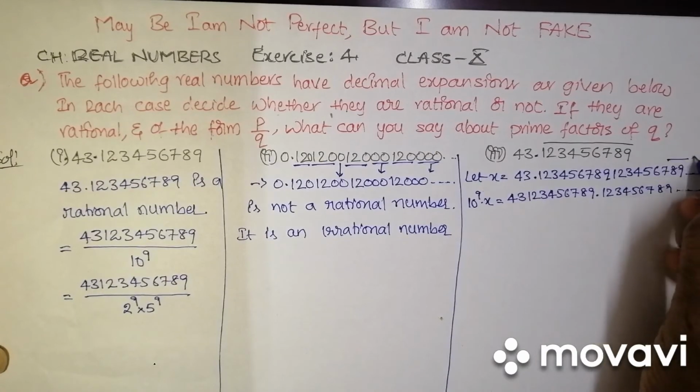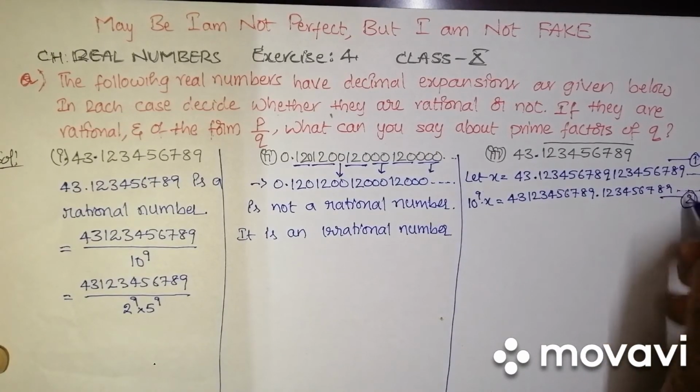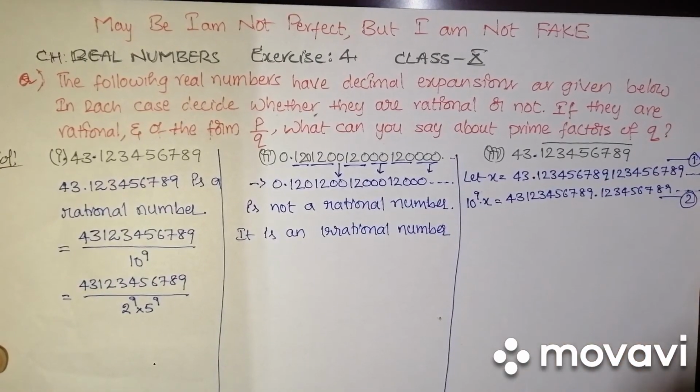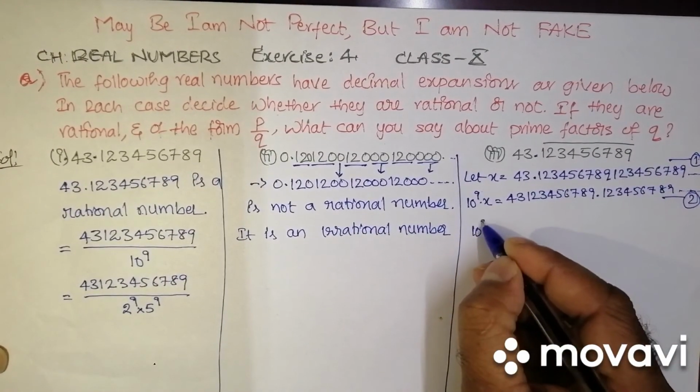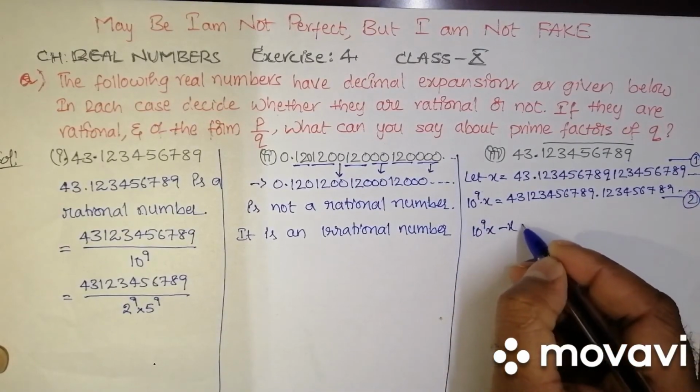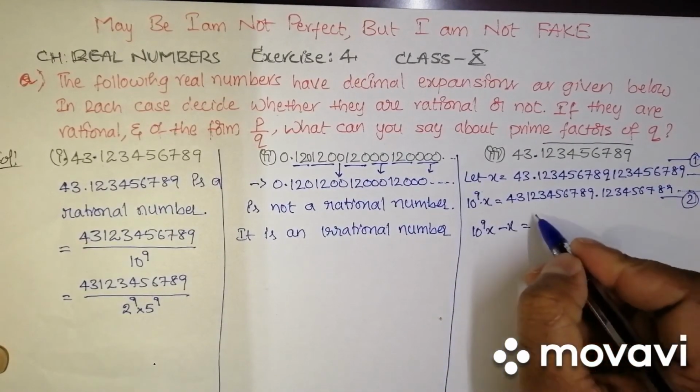If I consider this as equation 1 and this as equation 2, and subtract equation 1 from equation 2, that is 10 to the power of 9 x minus x is equal to this value.